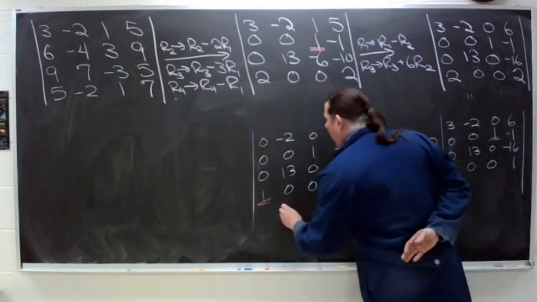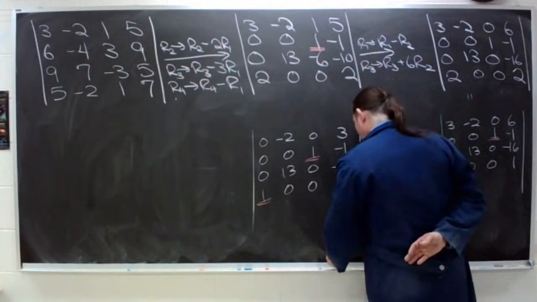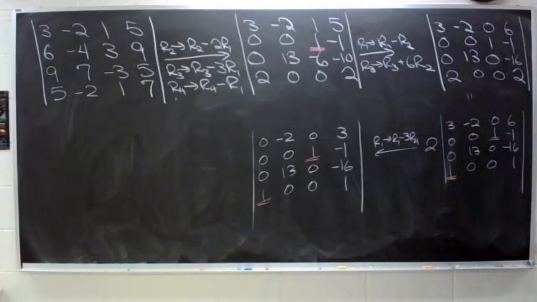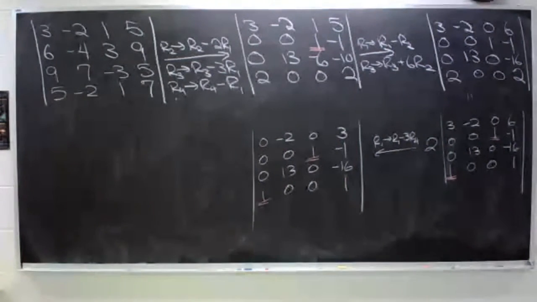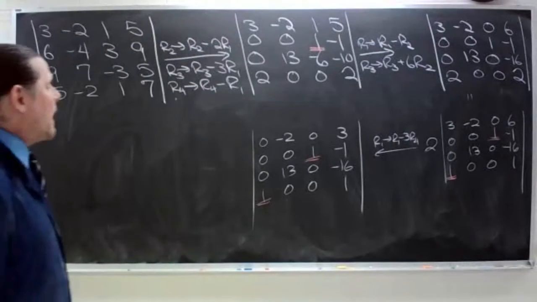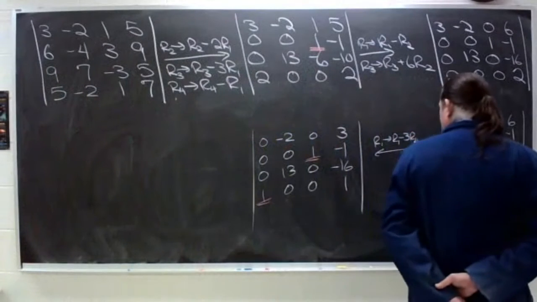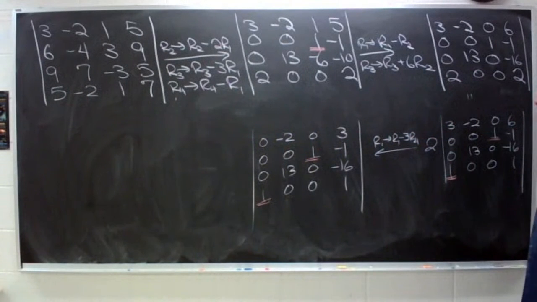Now, of course, if all I wanted was the determinant of this matrix, it would be very easy to find at this point. We could just do a cofactor expansion along the first column. But I want to go a little bit further to point something out.